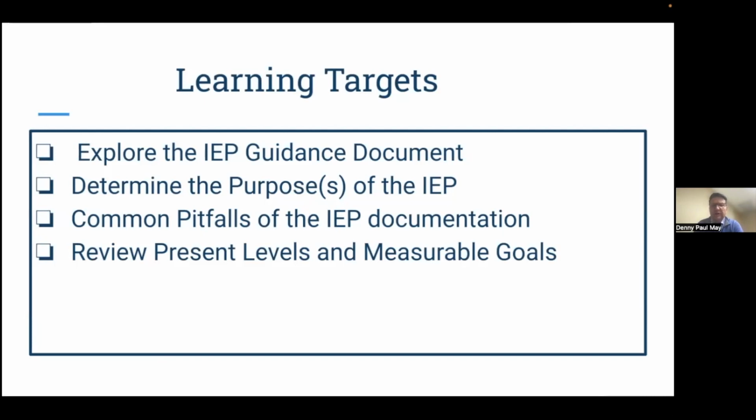We're also going to look at what are the purposes, what are the overall things that we hope to gain from the IEP. And the IEP is the individual education program. Sometimes we confuse that with the word plan, and it is a plan too, but the official name is program, individual education program.